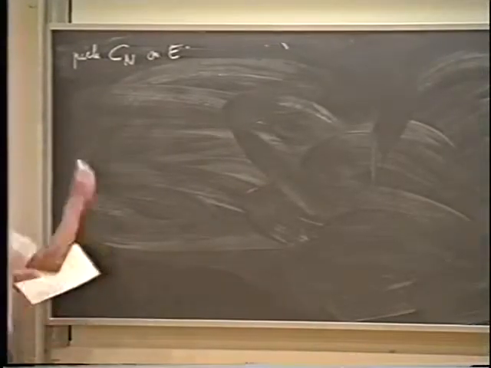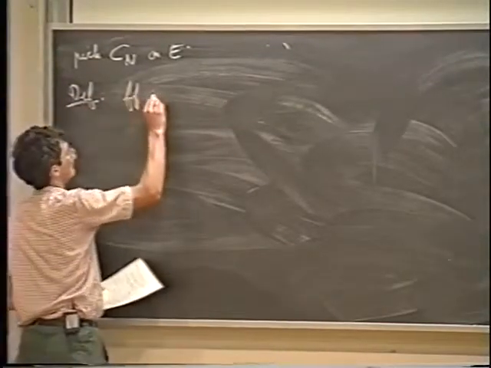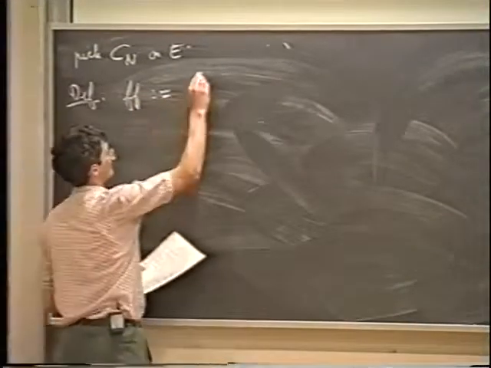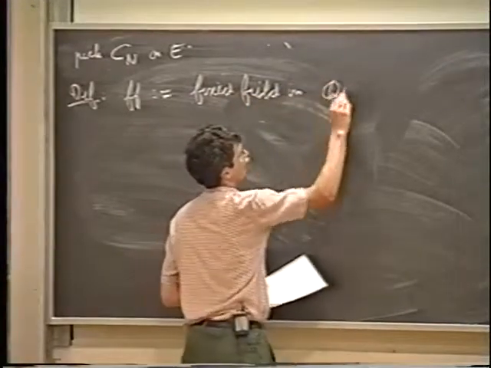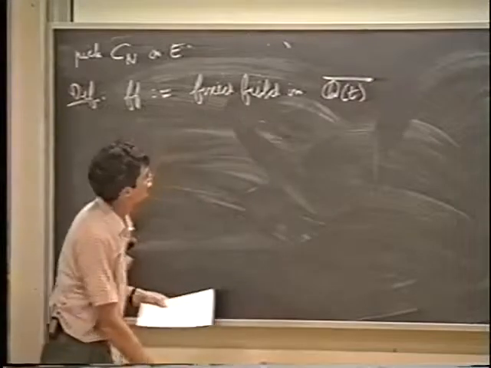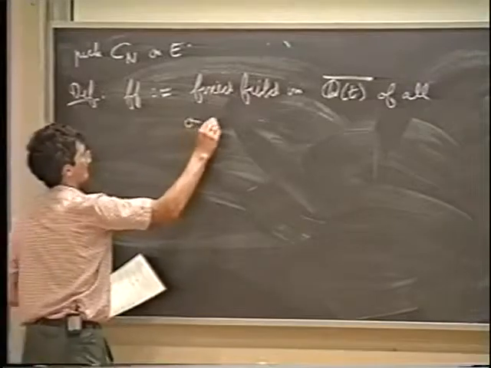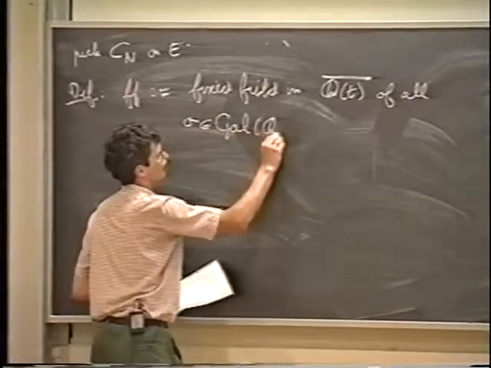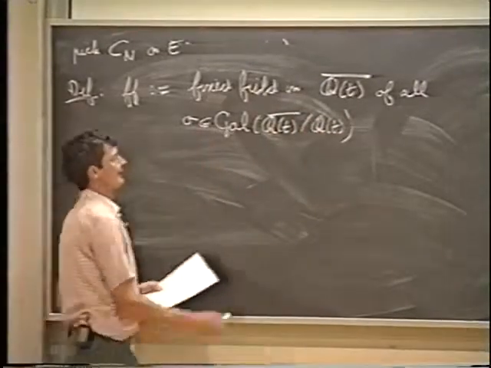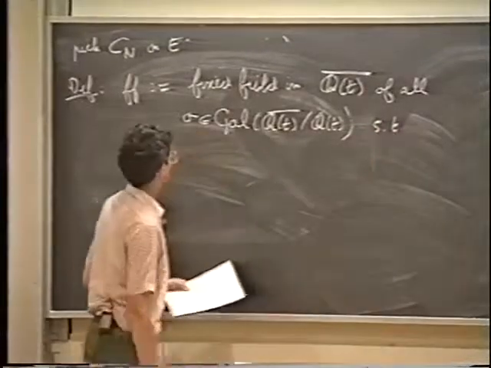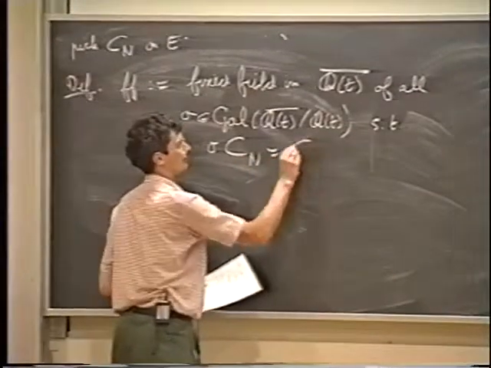And now comes the definition. My function field will be, I take the fixed field in an algebraic closure of Q of t of all the sigmas in the absolute Galois group which have the property that this sigma sends the cyclic subgroup to itself.